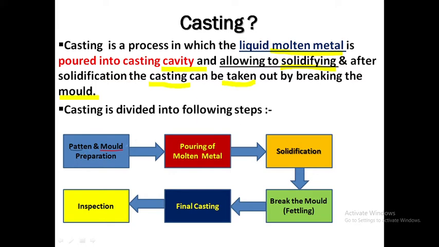After mold preparation the molten metal is poured, and after pouring it is given some time to solidify. So solidification is there. After solidification the mold is broken by fettling action, and after breaking the mold we get the required final casting, and at the end you can do the inspection of that casting.